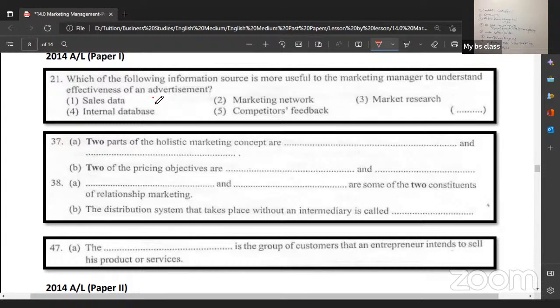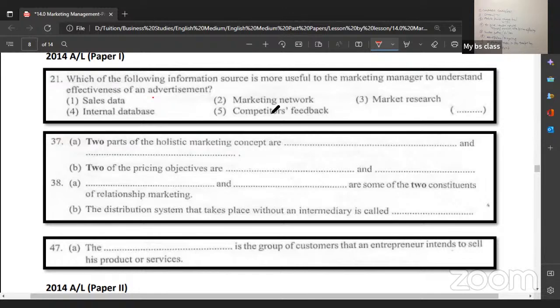Again, our advertisement: you first try to understand the question. Now you have to evaluate the effectiveness of the advertisement. So you have an advertised product, and now you have to think about its effectiveness. We don't care about the competitors' feedback.